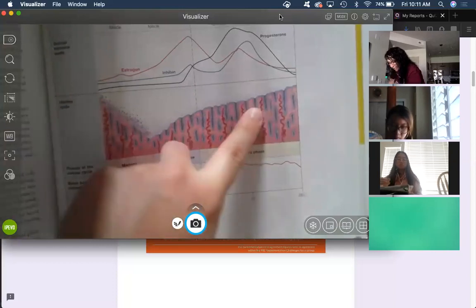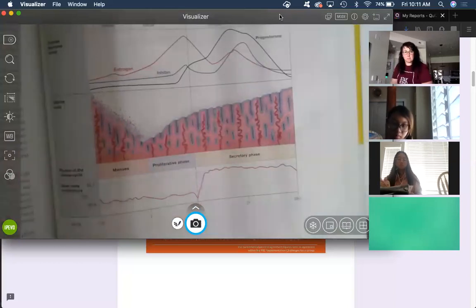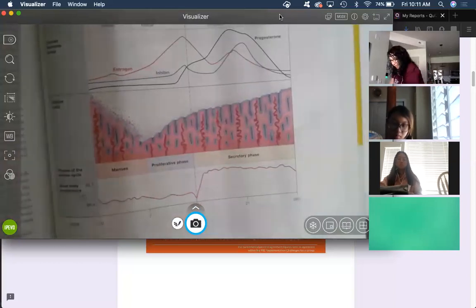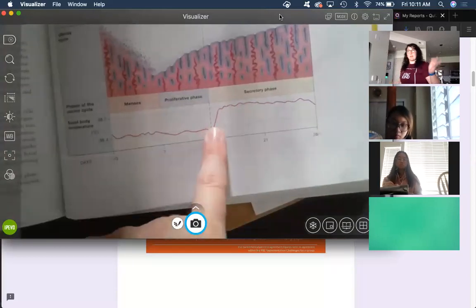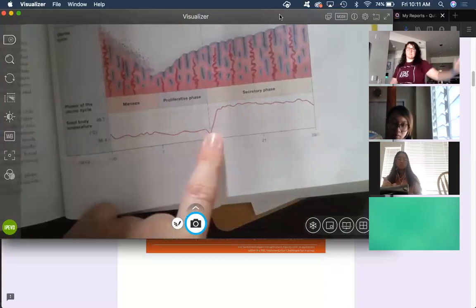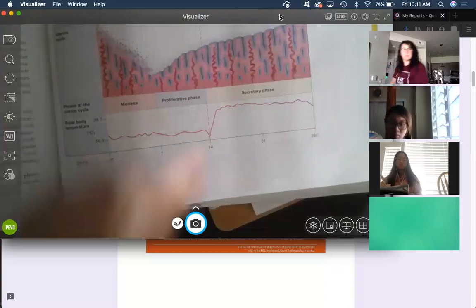The last thing, the bottom portion on here, is body temperature. After ovulation, a female's body temperature will rise. It's not a huge rise. It's not like you're going from 98.6 to 105. But there's a small rise in body temperature during this, and then during menses, your body temperature will drop slightly.